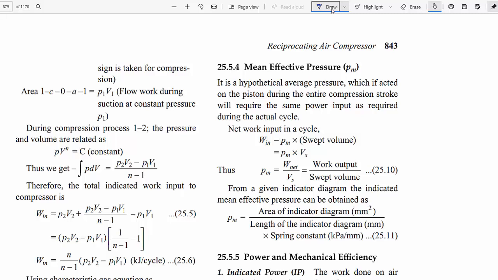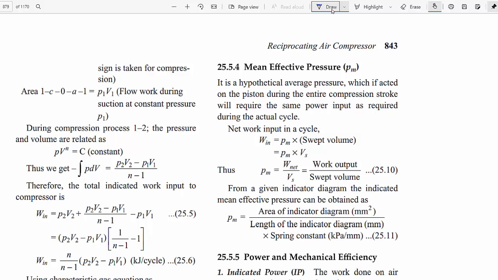From 0 to P1 bar there is no energy needed to raise the pressure, because the suction pressure is atmospheric, 1 bar. Therefore that area is the subtraction area.